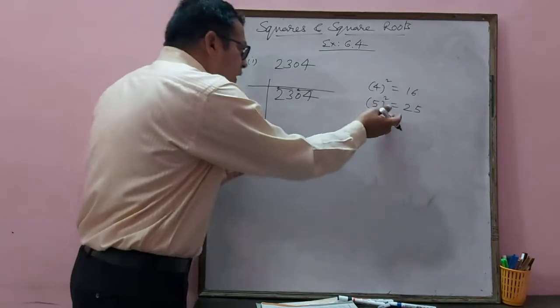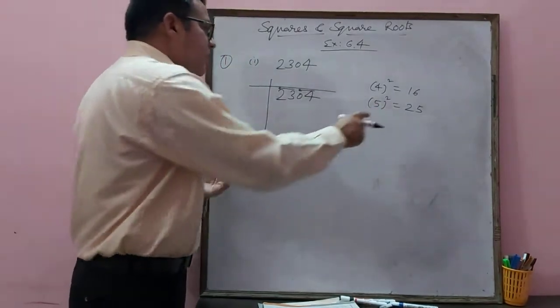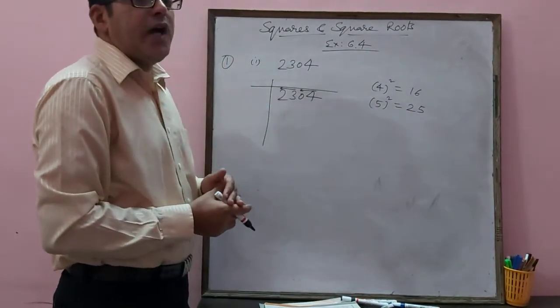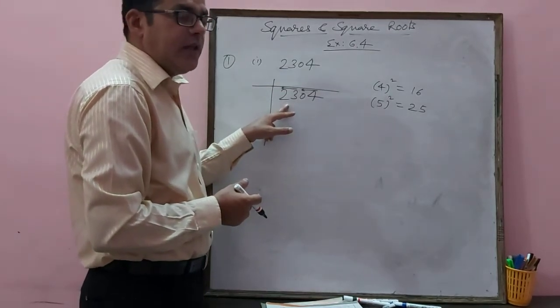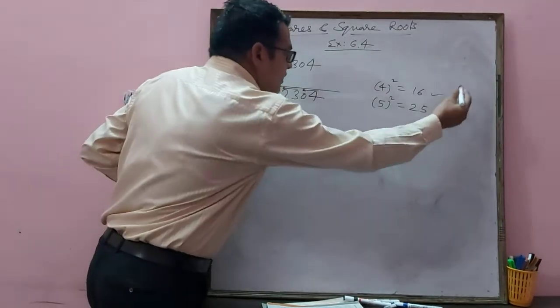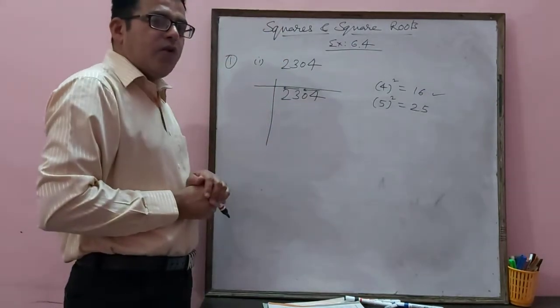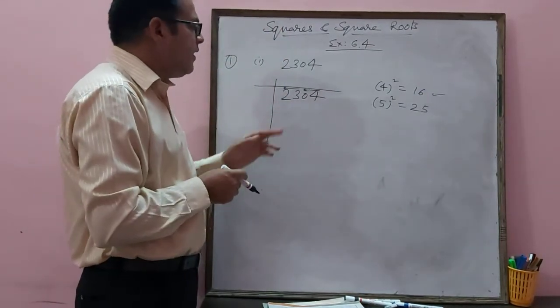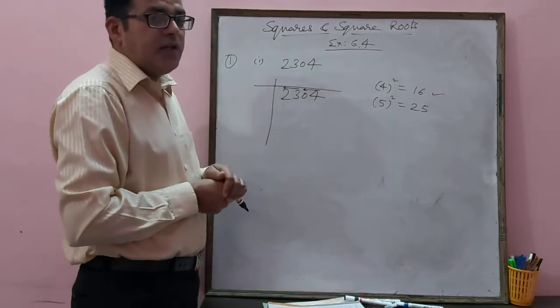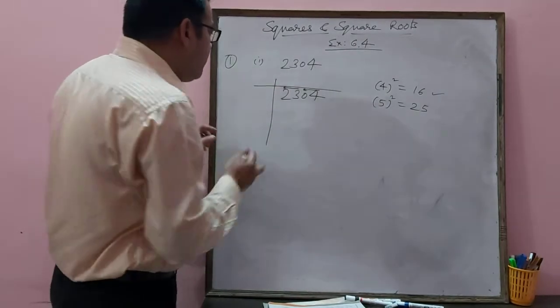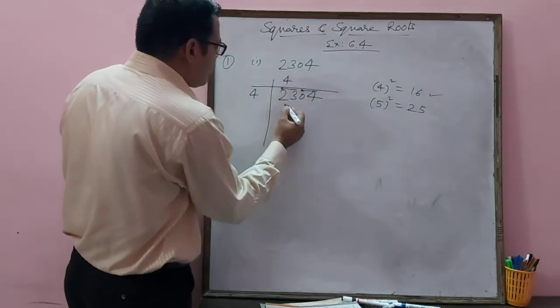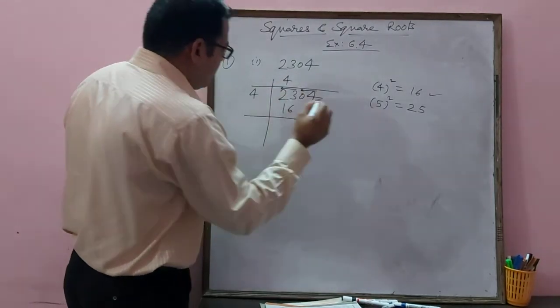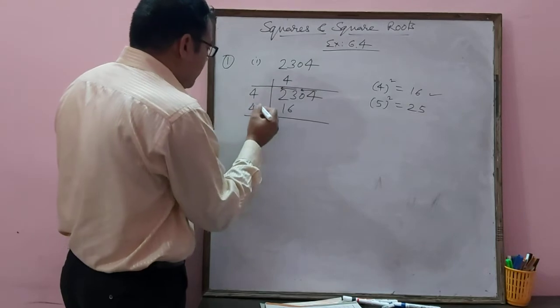If you take 5, square of 5 is 25. 25 is bigger than 23. So we have to take square of 4, which is 16 and it is less than 23. Right? So 4 we can write here, 4 also we can write here. Now 4 4s are 16 we can write here. And this 4 we have to write here also.